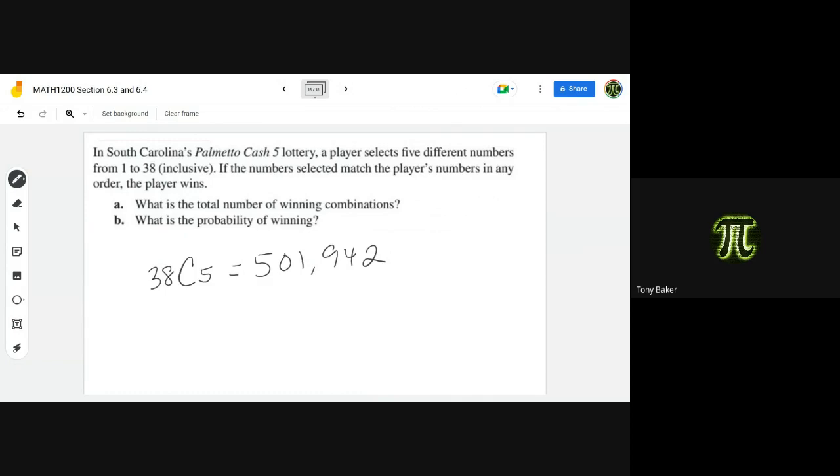What's the probability of winning? How many combinations of numbers win? If you're going to win the jackpot, what do you have to have? You need all 5. So there's 1 out of the 501,942. So that's your probability of winning.